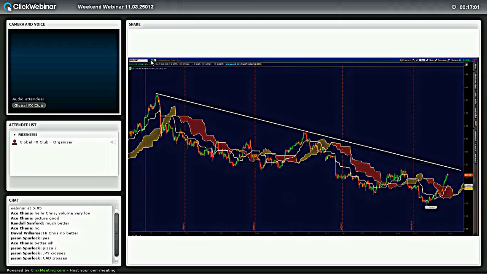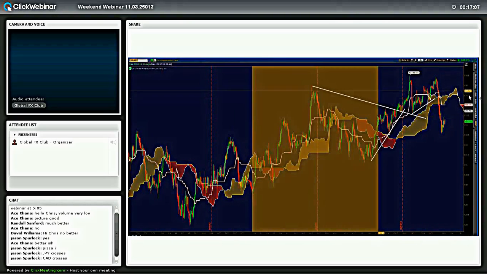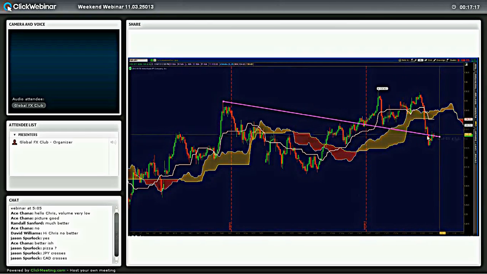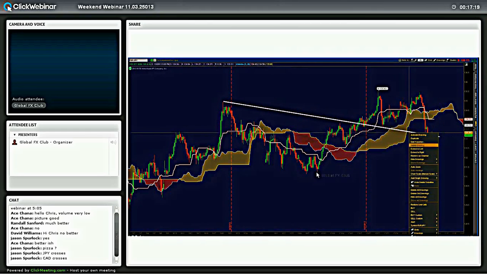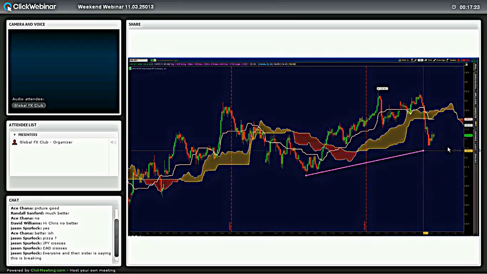Take a look at Euro yen. Don't really have any great setup for Euro yen. We have a trend line.